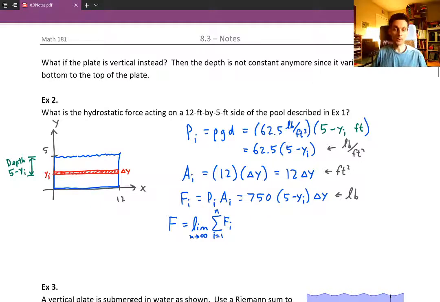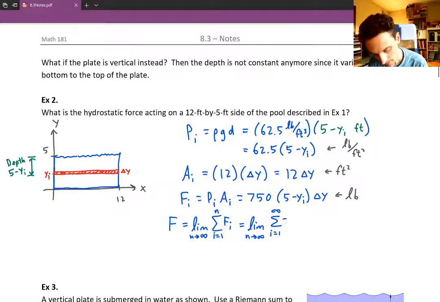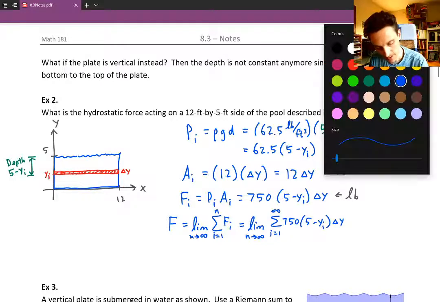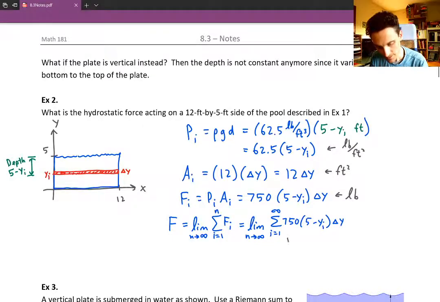So we go from our approximation to the true force acting on the side of the pool. So here we'll have the limit as n approaches infinity of the sum as i goes from 1 to n of 750 times (5 minus y sub i) times delta y. This is the Riemann sum. If it ever asks for a Riemann sum, this is our Riemann sum.